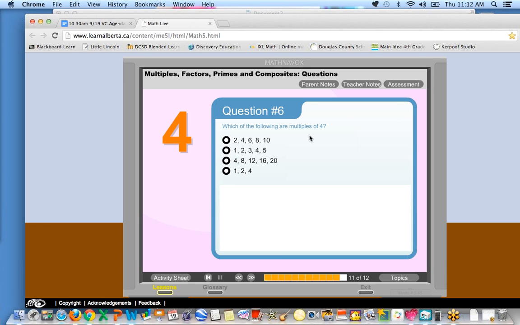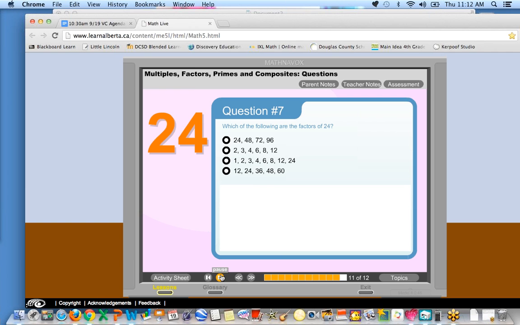Okay, so multiples of 4. Remember, we have to start with 4. So we can't start with a 2 or a 1. Definitely can't start with any A, B, or D. We have to start with 4.